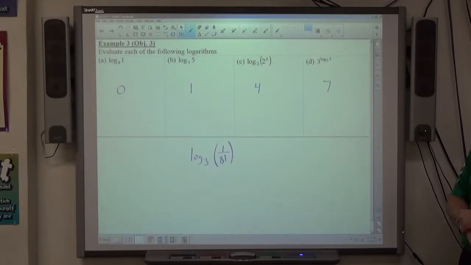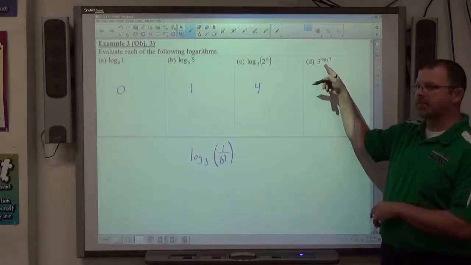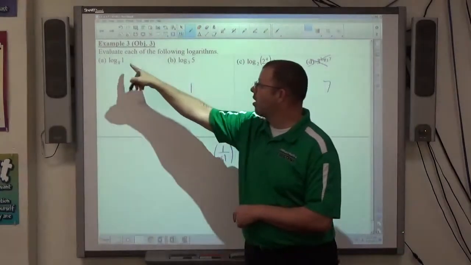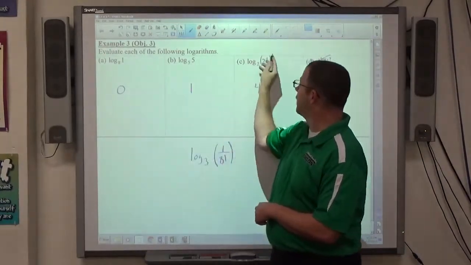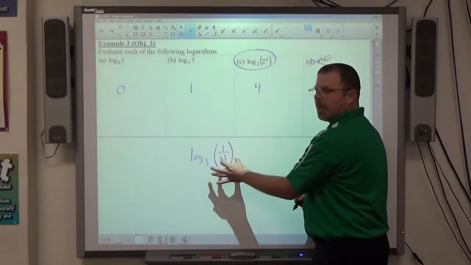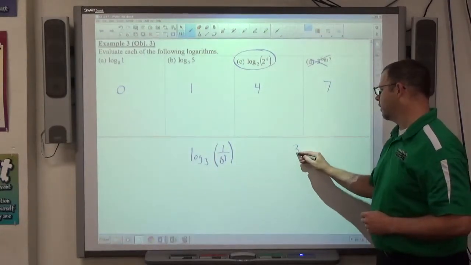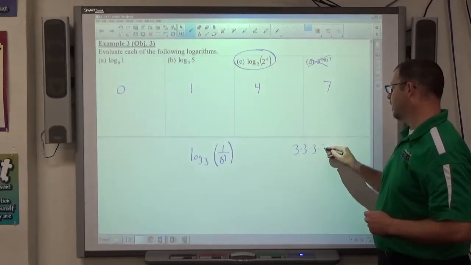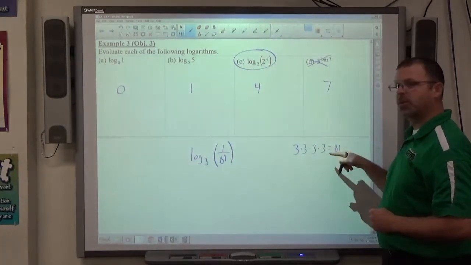If I had to pick one of these 4, it's obviously not D, right? And it's not log of 1 or log of itself, right? So it's going to be like this, right? Yeah. So my goal then would be, I want this thing to be 3 to a power. So if I just start investigating 3, 3 times 3 is 9, times 3 is 27, times 3 is 81. 3 to the 4th is the same as 81, right?